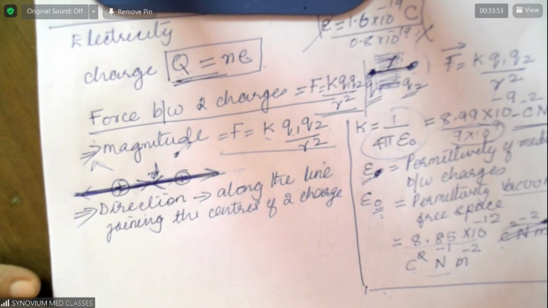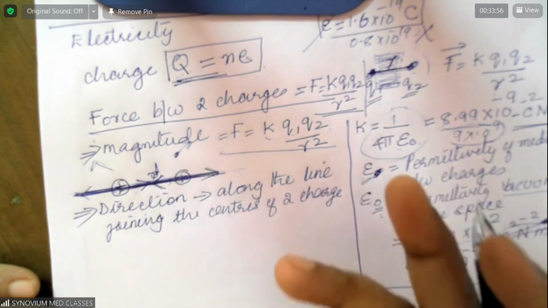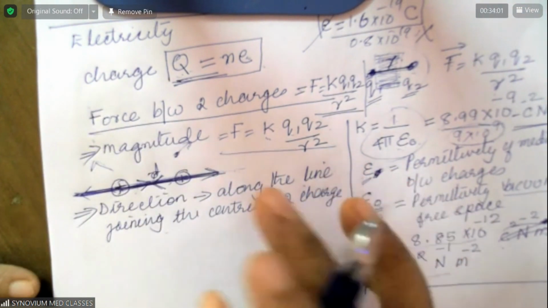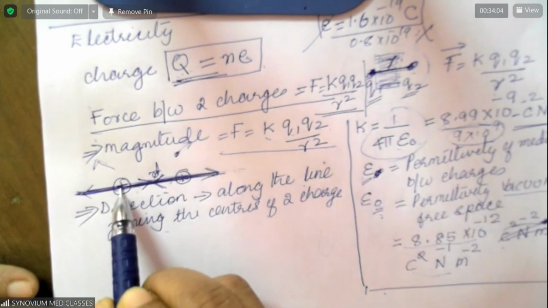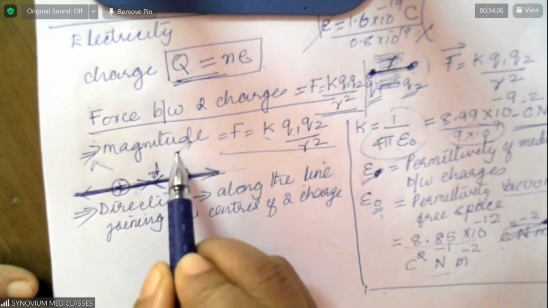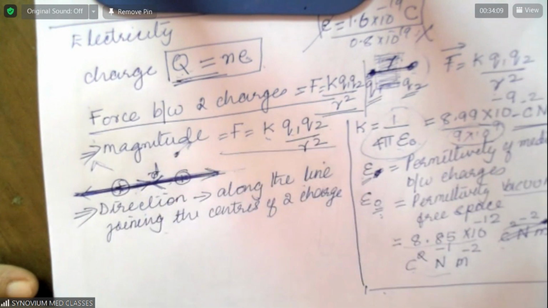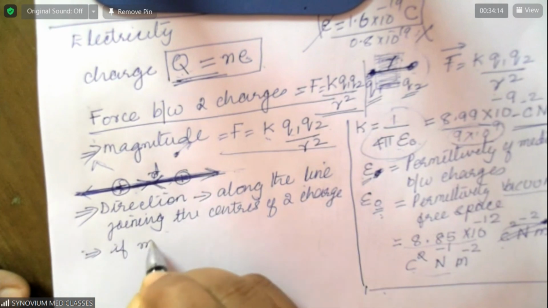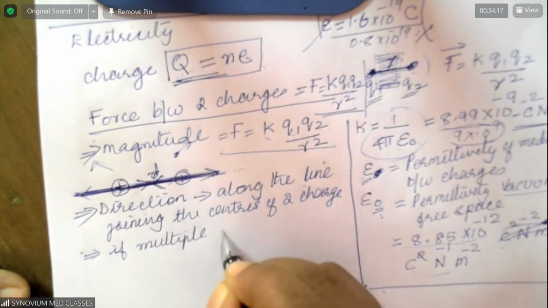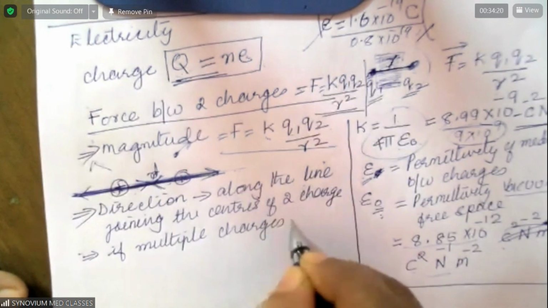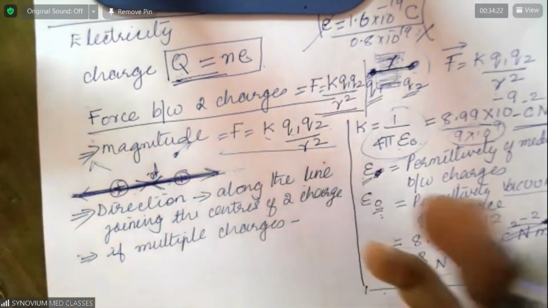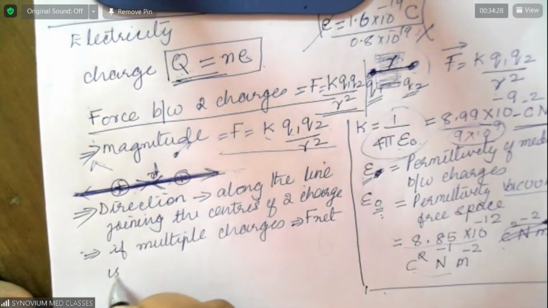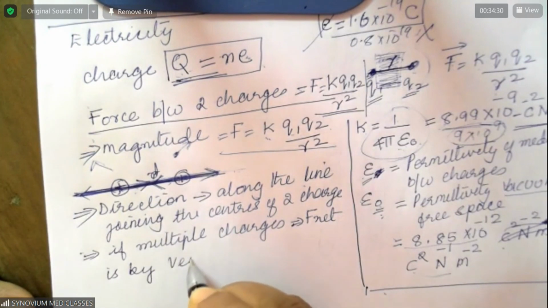And how will you find this direction? Remember it's a vector quantity. If there are two charges, it is easy. What if there are 3 charges? If there are multiple charges, more than 2 charges, then the net force, that means the sum of all the forces, which we write as F net, is found by vector addition.